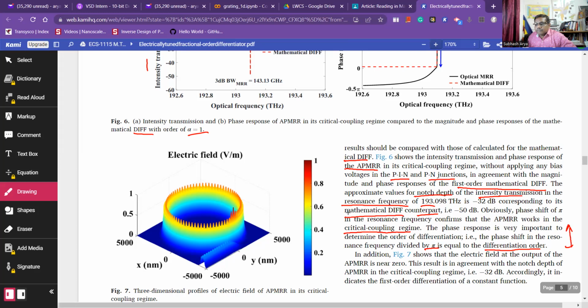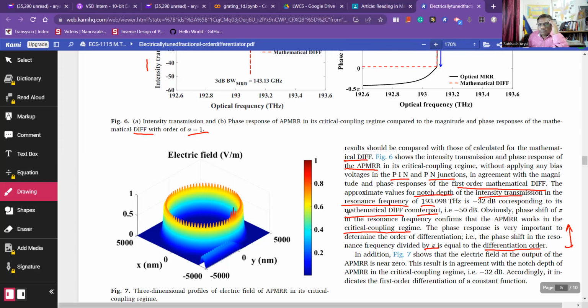The phase response is very important to determine the order of the differentiator. The phase shift at the resonance frequency divided by pi is equal to the differentiator order.